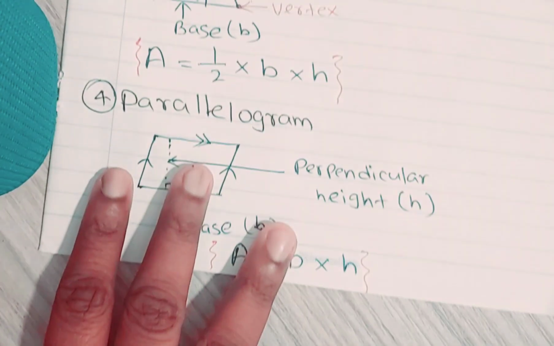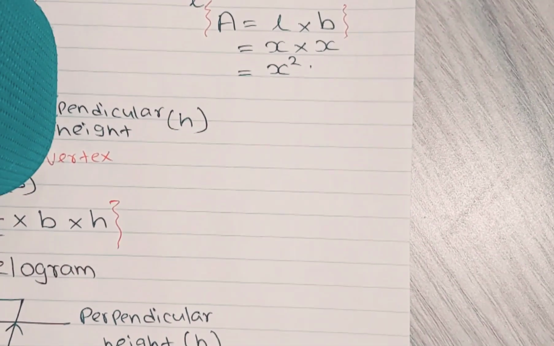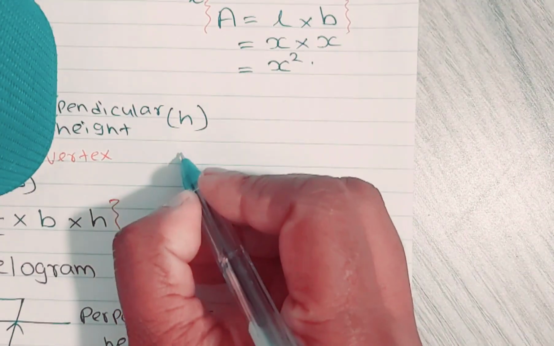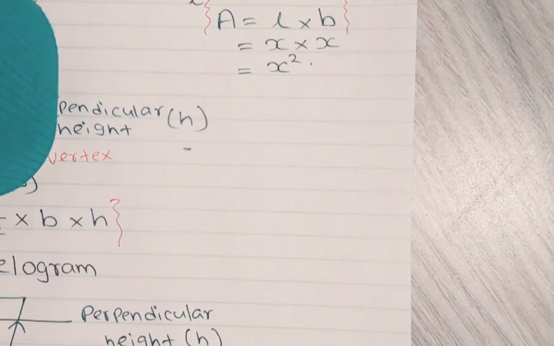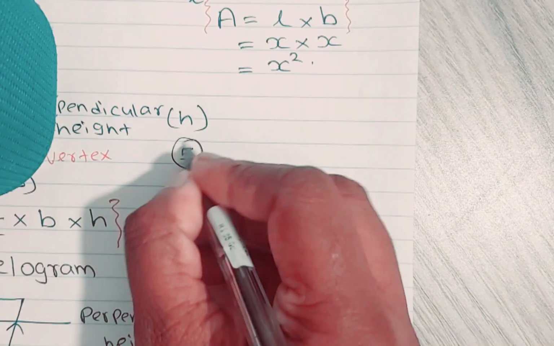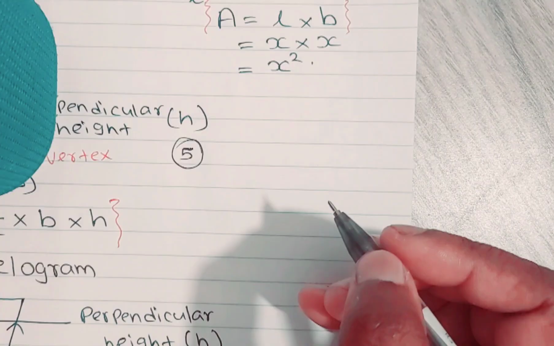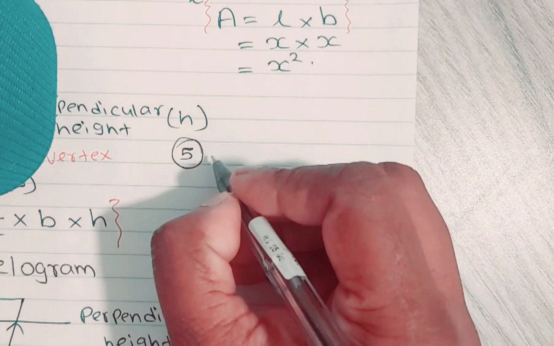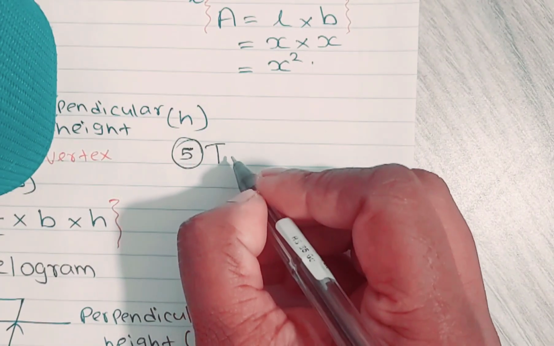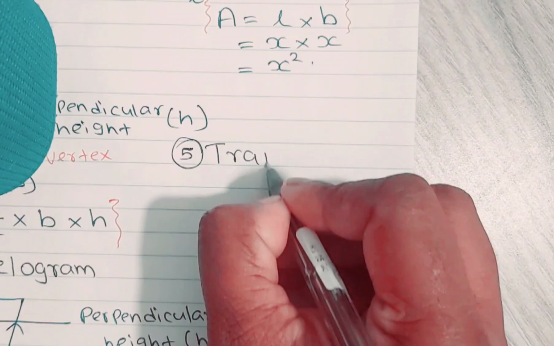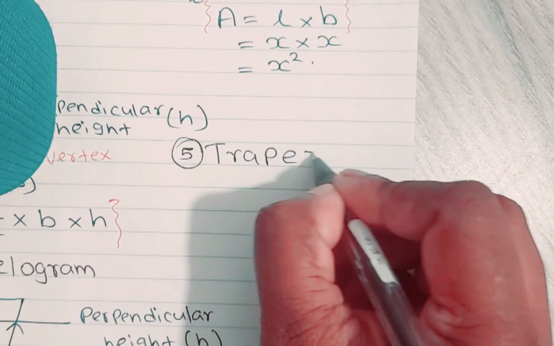Okay, so after that we can go for the next one, that is the fifth one, right? What is the fifth one? We have to study about the fifth one also, that is trapezium. So I can write down like here, trapezium.